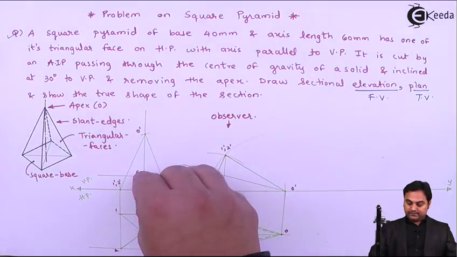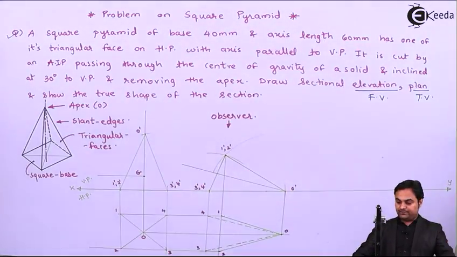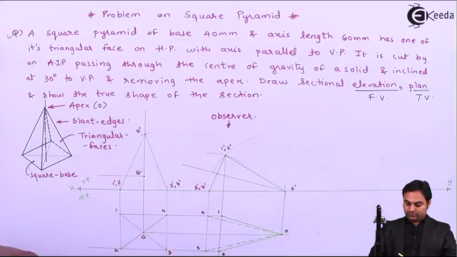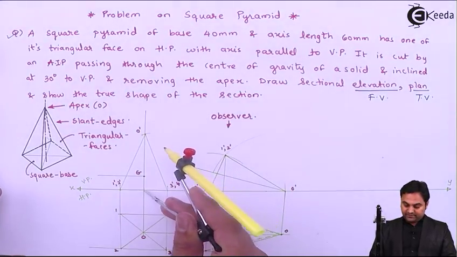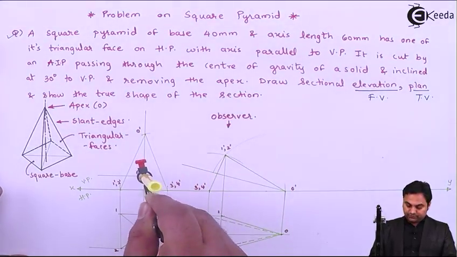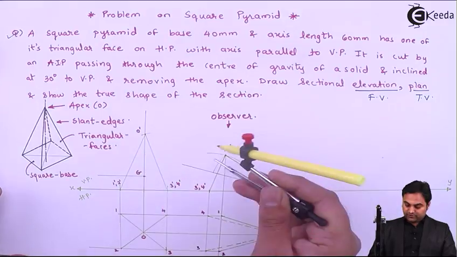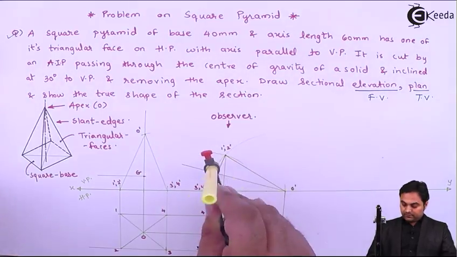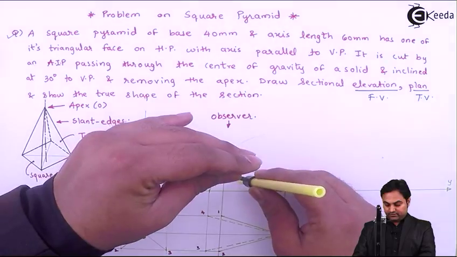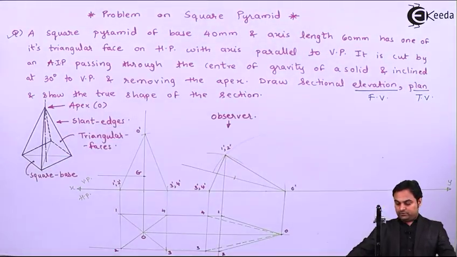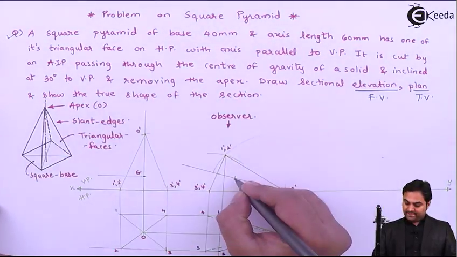Next, this CG needs to be marked here in the second condition. So measuring the distance from the base up to the CG of the square pyramid, and here it will lie on this line. So this is the CG.